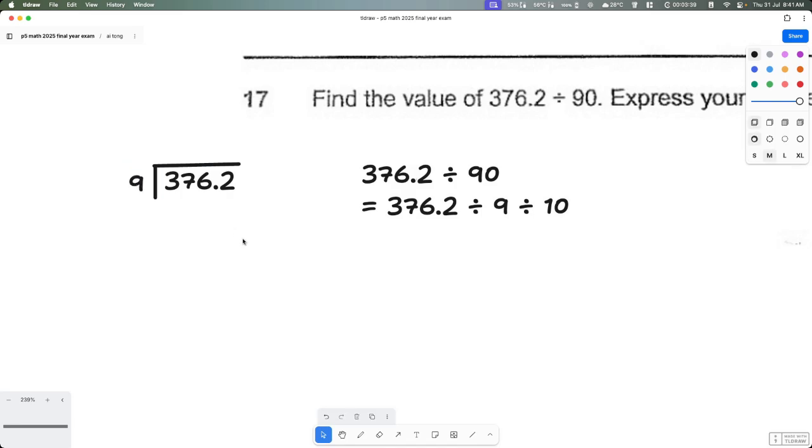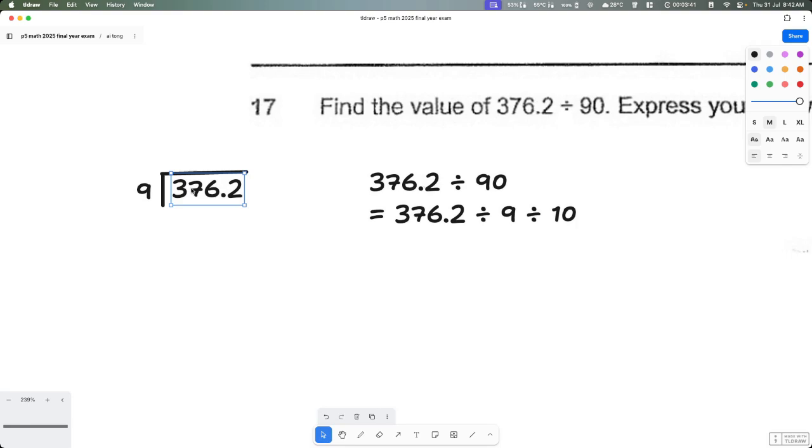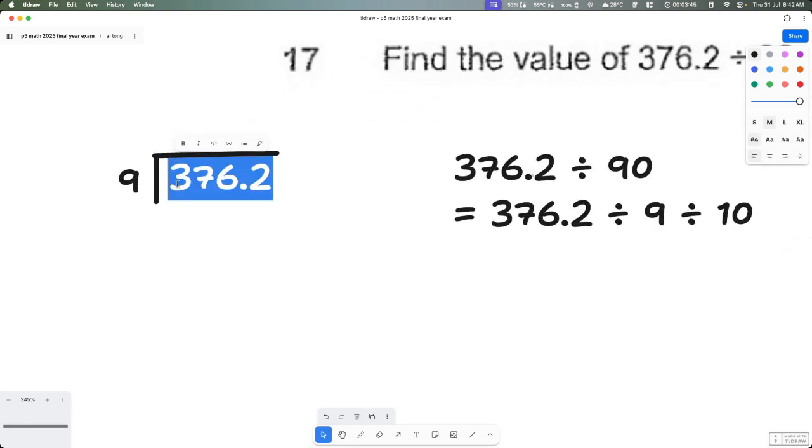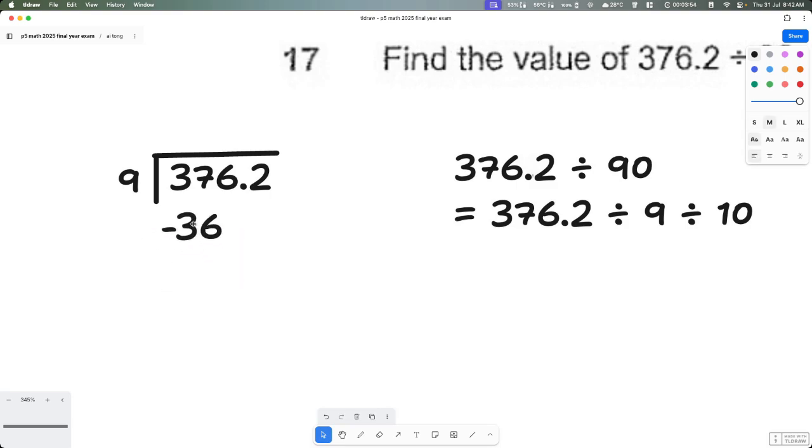With this, what we can do is we will see the first two numbers, because 3 cannot be minus 9, so 37, so we can minus 36. So in this case 37 minus 36, 9 times 4 will be 36. So 37 minus 36 will give us 1.